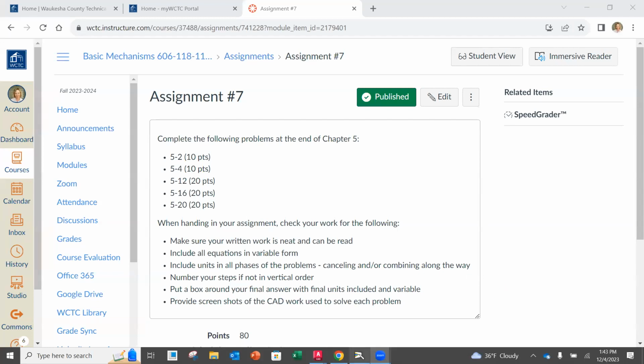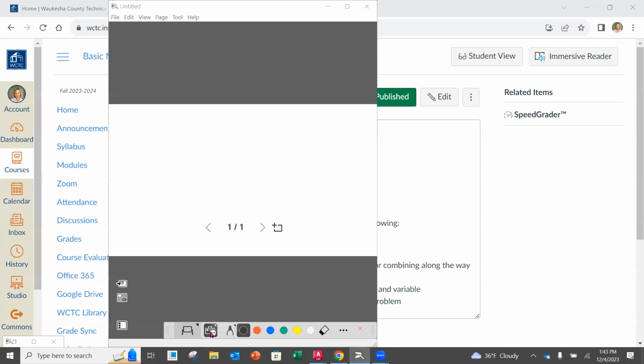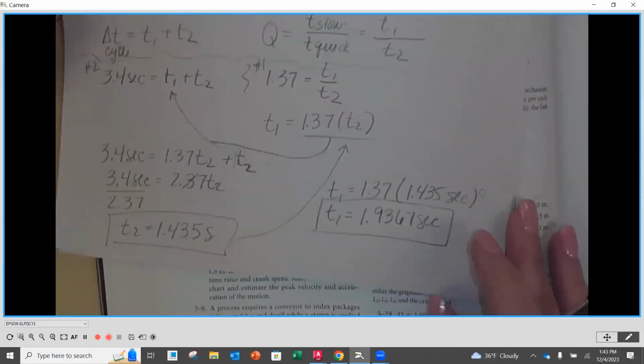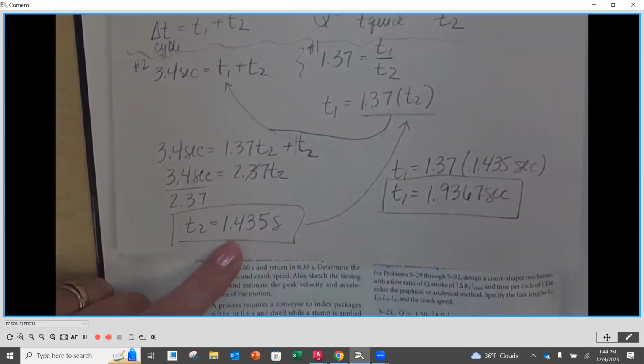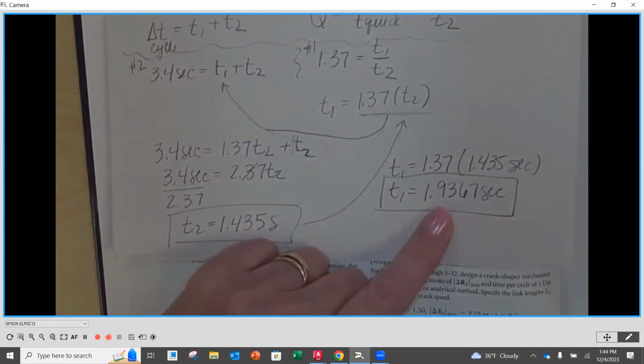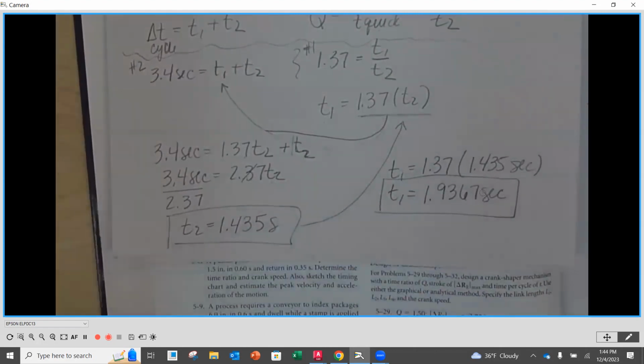I'll show you what I've got, because I held my decimals in my calculator. So if you rounded, my T2 was 1.435. And there might have been one or two extra decimals, and then I multiplied that by 1.37 and got that number. And again, I held the decimal places.